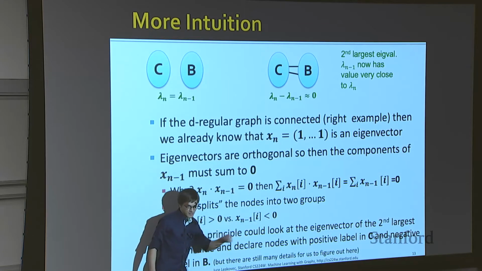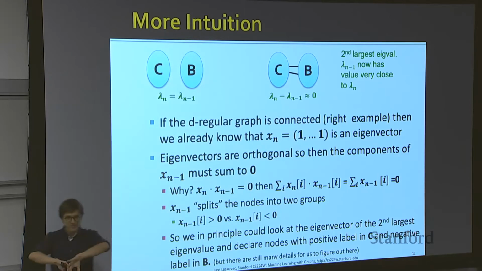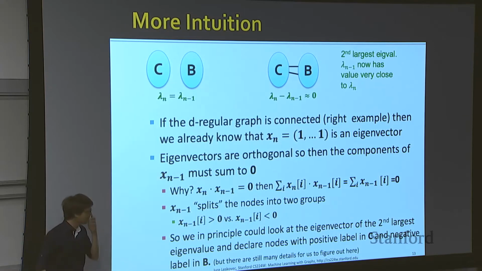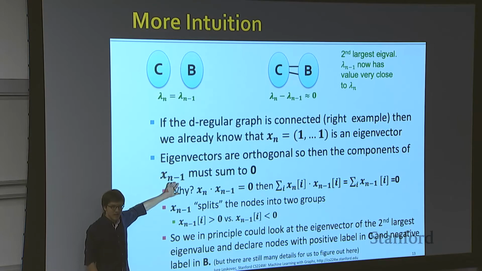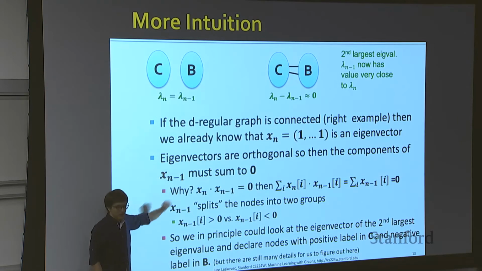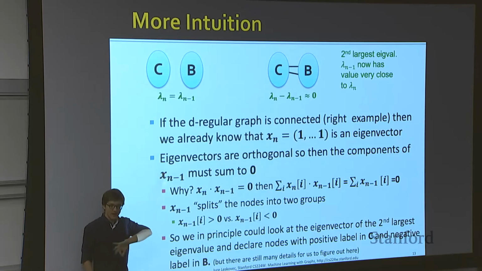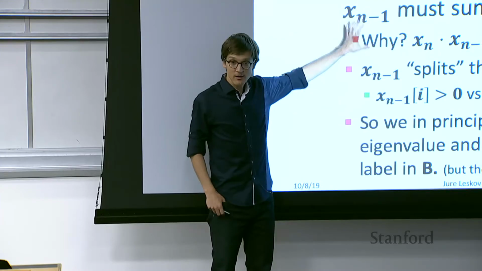And whether the node has a label that is positive or negative will essentially tell us who is on the left side and who is on the right side. Okay, so the magic that will happen is that we'll be looking at this eigenvector corresponding to the second largest eigenvalue, and the sign of the value of the node will tell us whether it is in the left partition or in the right partition. That's the kind of preview.